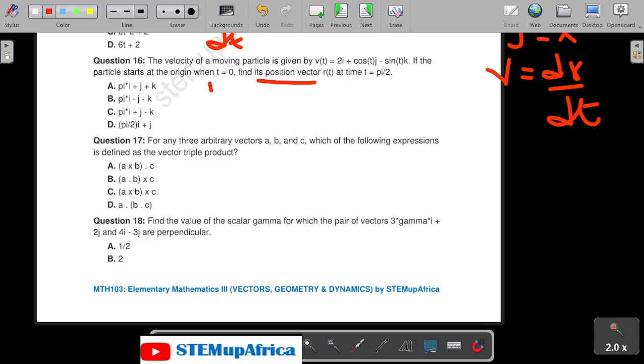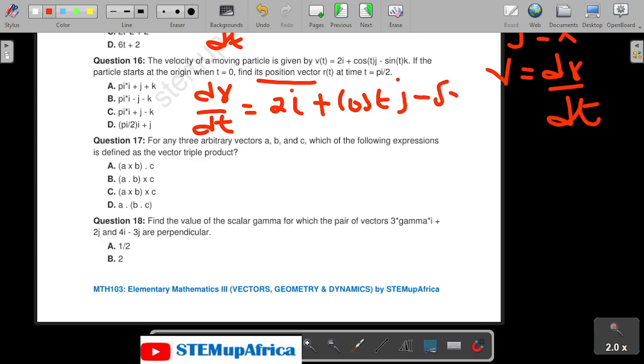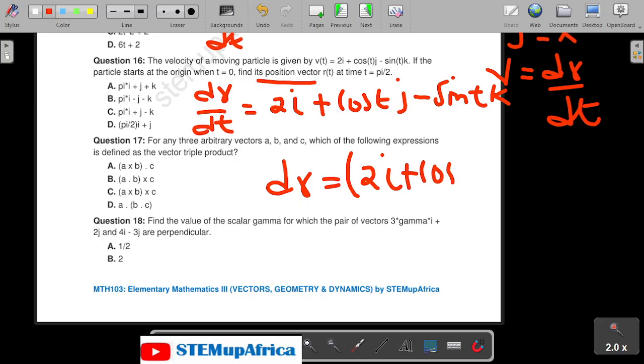So I'm having dr over dt is equal to 2i plus cos t j minus sine t k. So let's make dr the subject of the formula. dr will give me 2i plus cos t j minus sine t k dt.